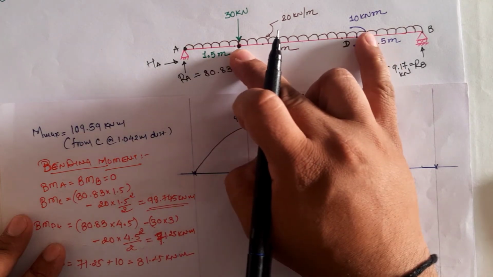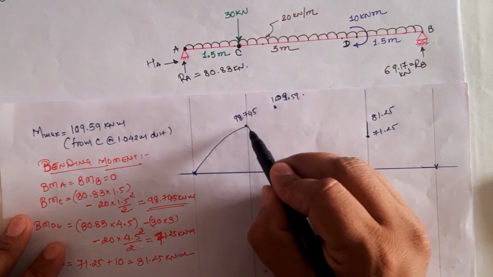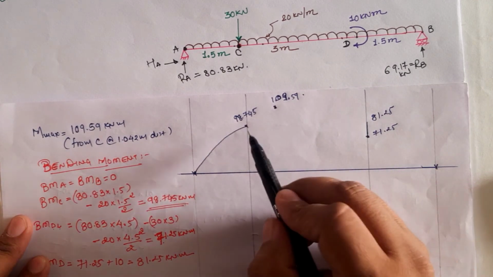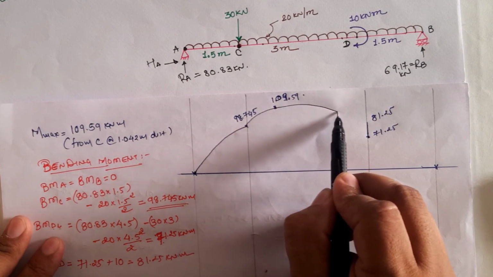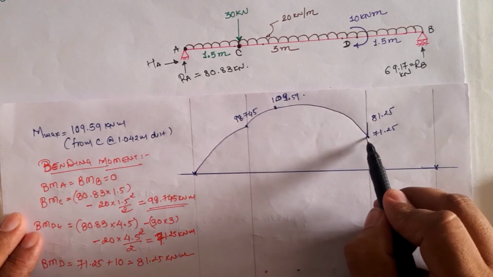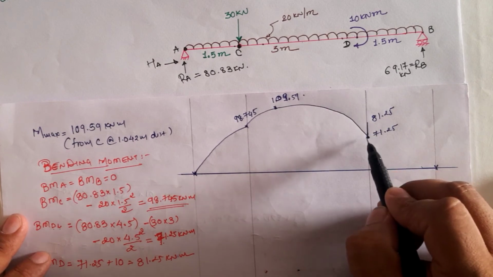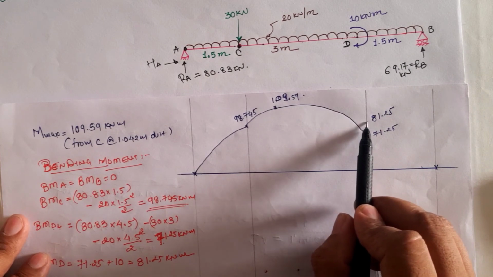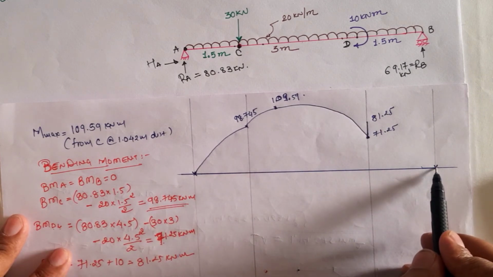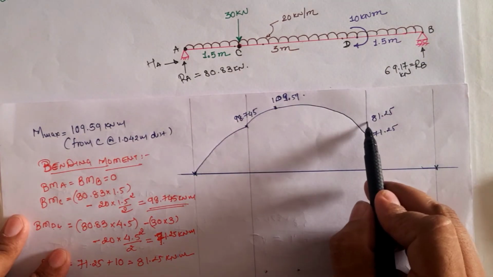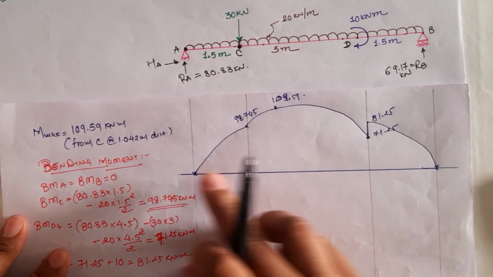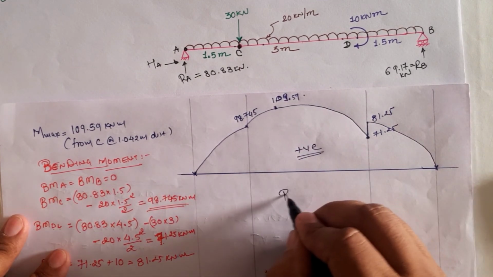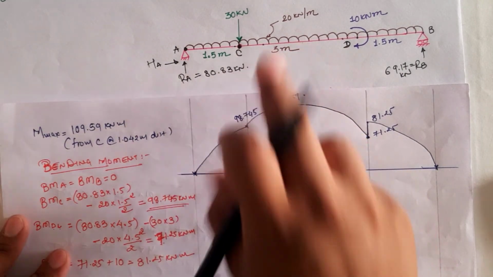Again from C to D, our diagram is curved due to the UDL, but we have to pick the maximum value and then at location D, 71.25. Now from 71.25 to 81.25 is an upward jump due to the clockwise moment, and from location D at 81.25 to point B, due to the UDL it is also a curve. So the diagram indicates the curve value but in the positive direction. This indicates our bending moment diagram of the given beam.